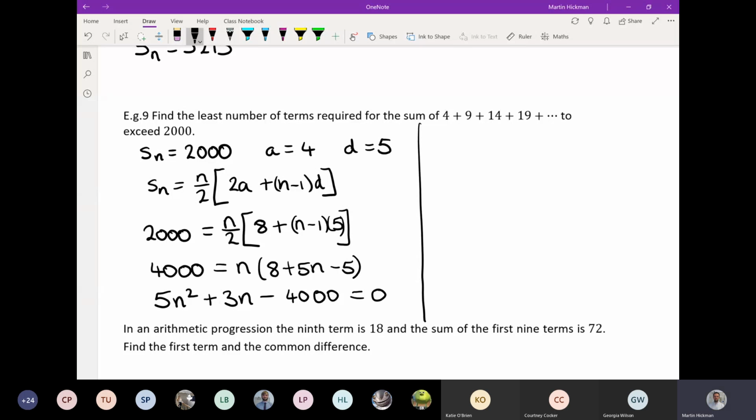Okay, so I'm going to put another question in the chat. What I want you to do is tell me, based on this quadratic we have here, what n is going to be. What is going to be the least number of terms that we are required to get? So just look out for the question in a second. I'm going to put 4 options again, and I want you to say which one you get.